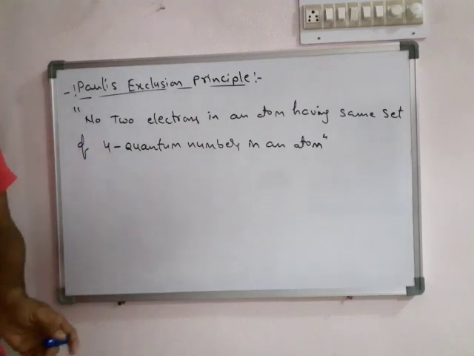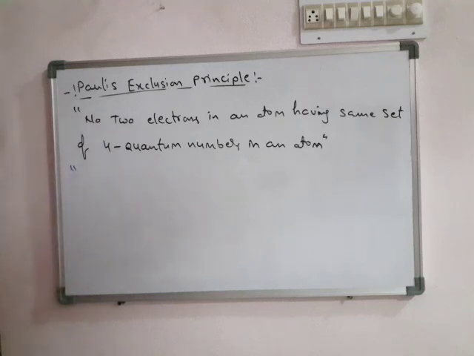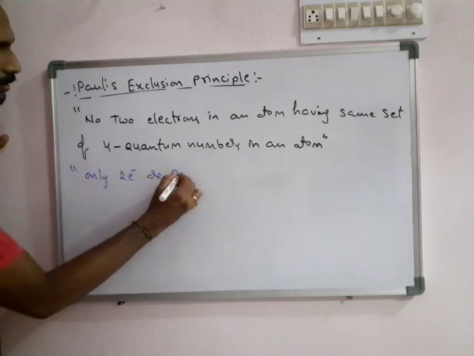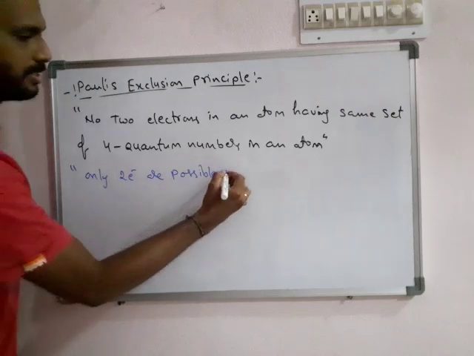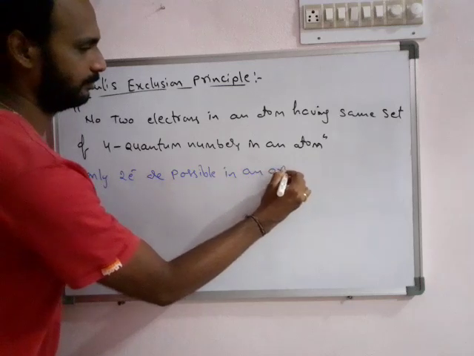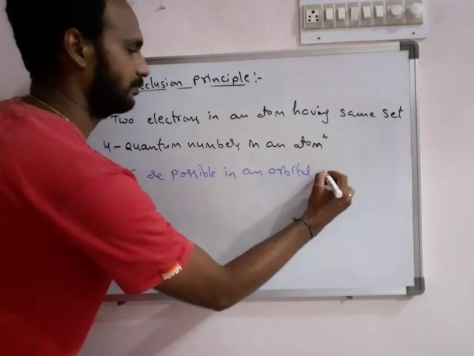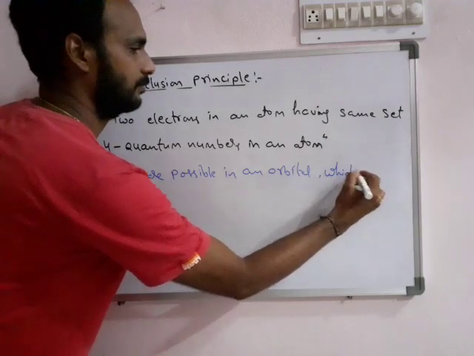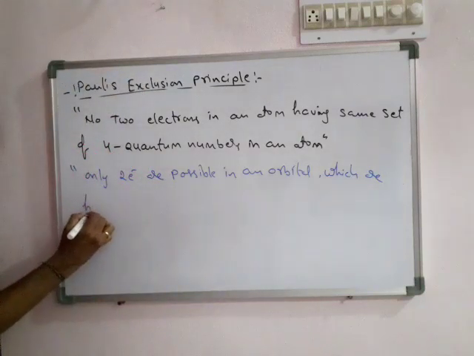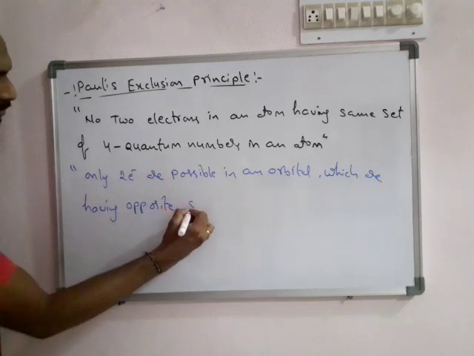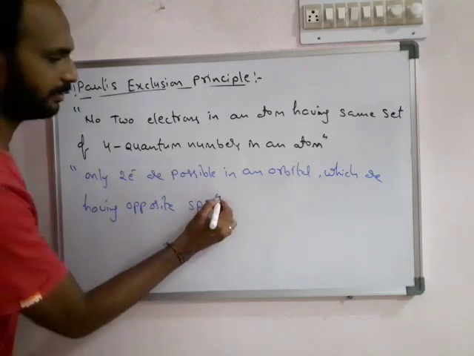Okay, next, another form of it is also known as: only 2 electrons are possible in an orbital which are having opposite spin.